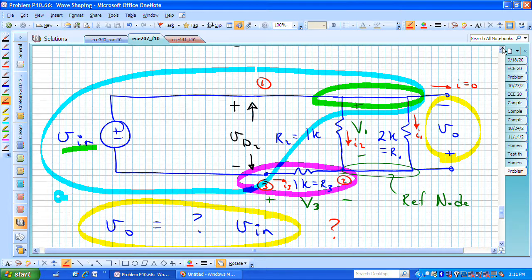And remember, I can do my relationship between my node voltages by using what I know to be true relative to the supernode. And I can write a KVL equation with the supernode. I can find minus V3 minus Vn plus V1 is equal to 0.